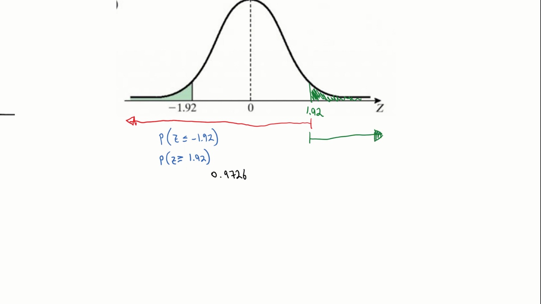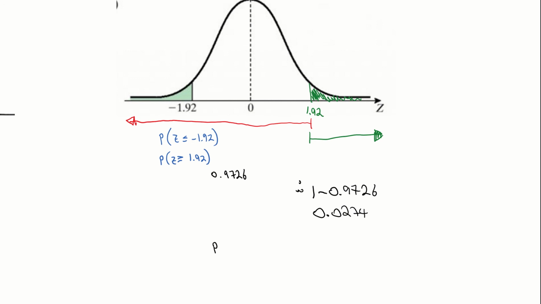And in order to find that region, it's going to be, therefore, 1 minus 0.9726. So I'm looking for that other little region, which is going to give me a probability of 0.0274.